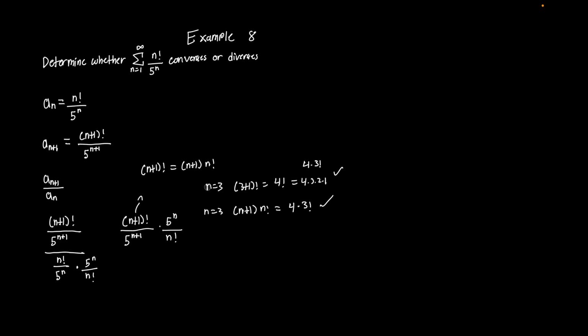So I'm going to erase this. Now we're going to rewrite the n plus 1 factorial as this. Why? Because as you can see, you can cancel this with the n factorial on the bottom. That's why we wrote it like this. So I'm going to erase this term and rewrite it as n plus 1 times n factorial. Now let's just divide these two terms right here.